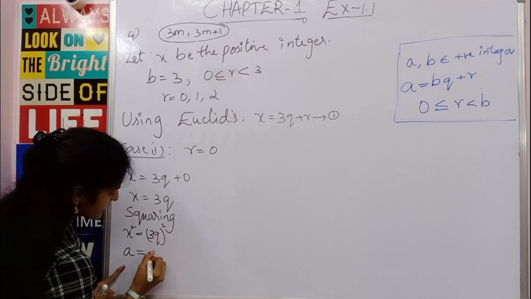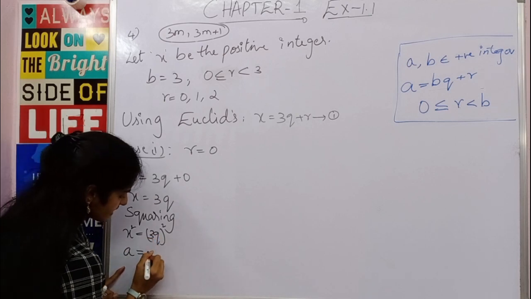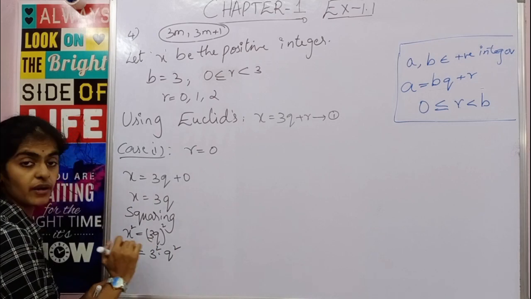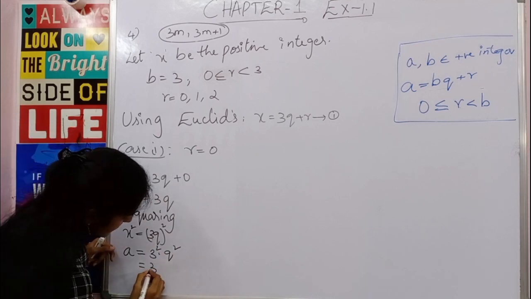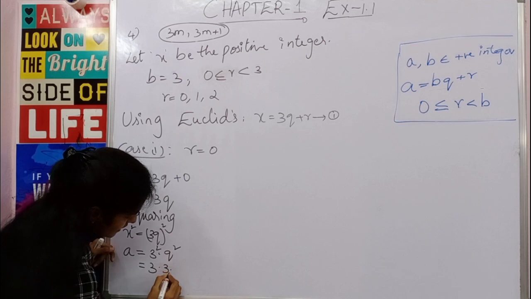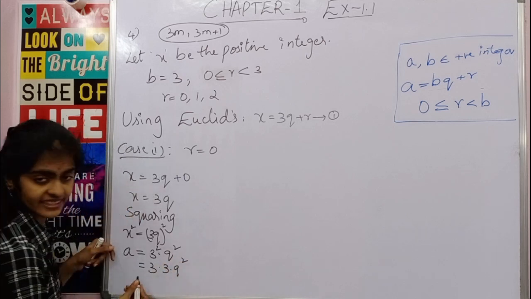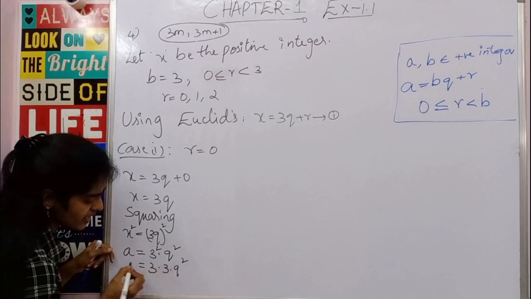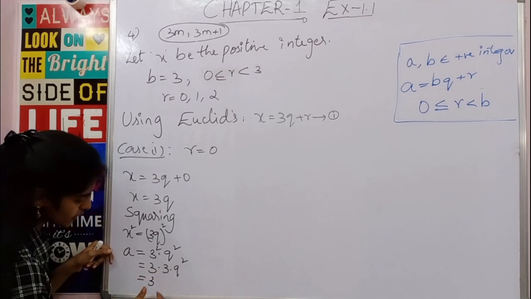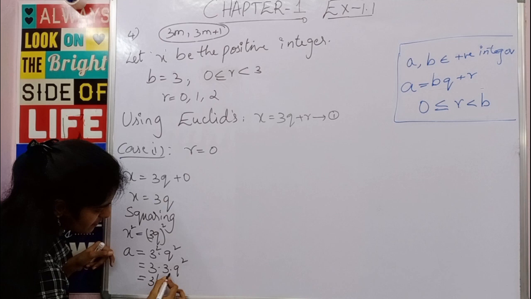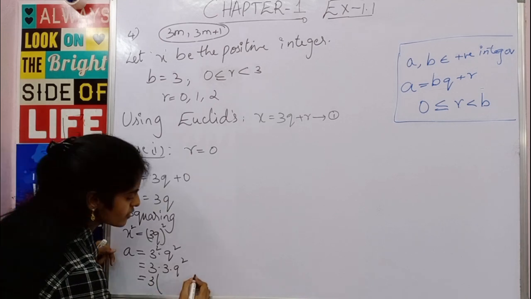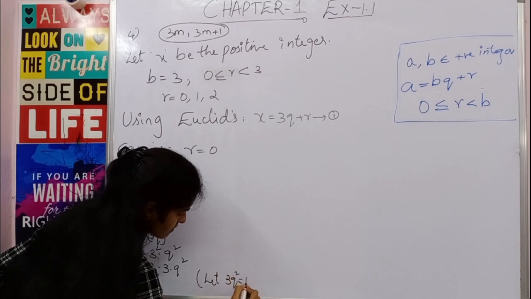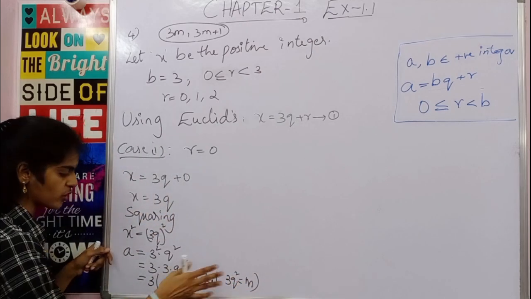So a is equal to 3 square into q square, separating the powers. Now if I write it as 3 into 3q square, this dot represents multiplication. Clear? It is not a decimal, it is multiplication. Now this 3q square, let me take it as some positive integer m.